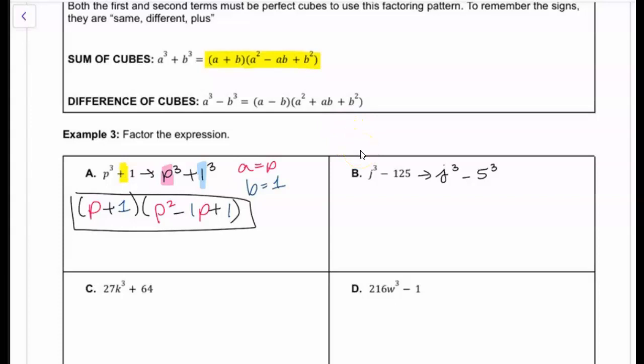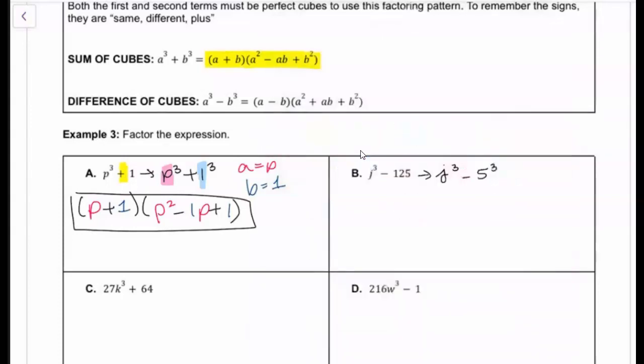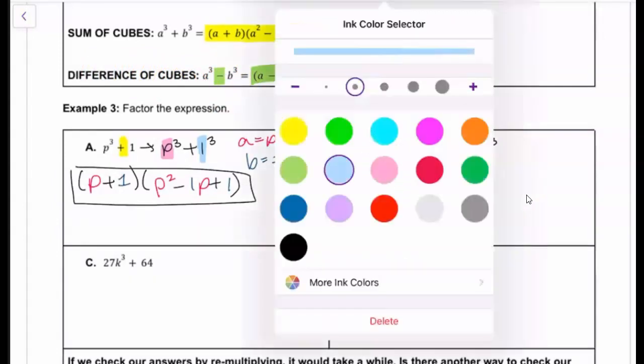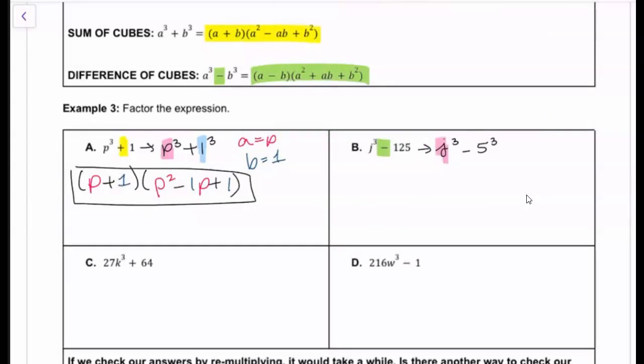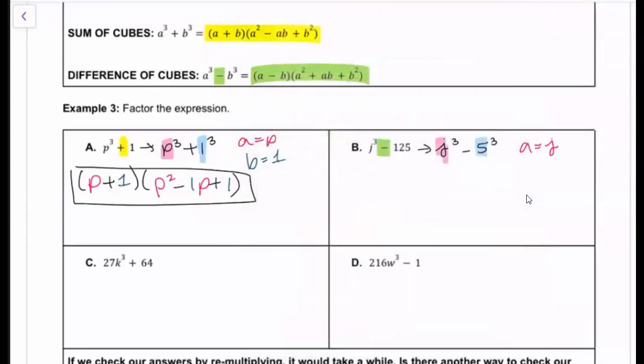But this time, notice that we're subtracting. So this time, we're going to use this version of the equation. If we're minusing 2 perfect cubes, or we have a difference of cubes, still the same idea in that this is my A, so A is just J, and my B value is 5.